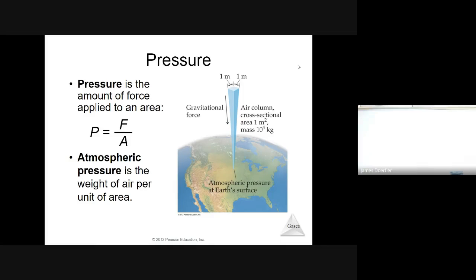There are columns of air all around us. And since air has mass, that column of air is constantly pushing down on us. So imagine we're at sea level. Again, just pretend this is the sea. We're at sea level. We have this entire column of air bearing down on us.